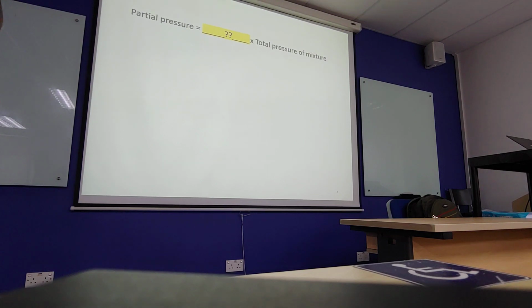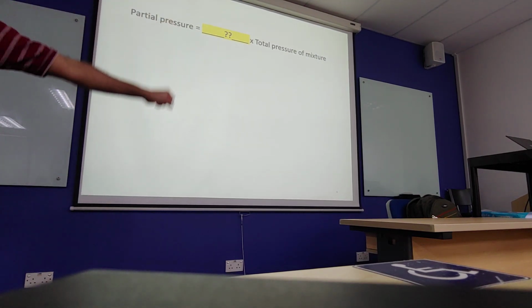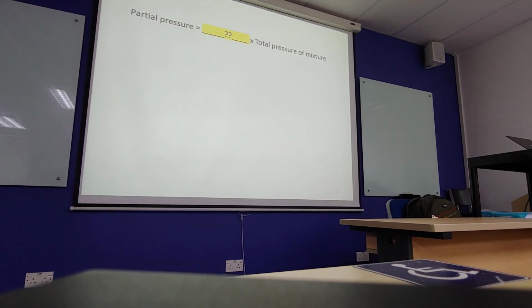Let's focus on watermelon. Partial pressure of watermelon, was it dependent on the number of eggs or was it independent of number of eggs? When we remove the eggs and only left the watermelon inside that bottle, whatever pressure the watermelon experienced was the partial pressure of the watermelon.